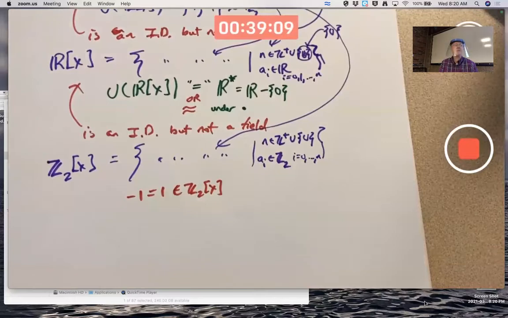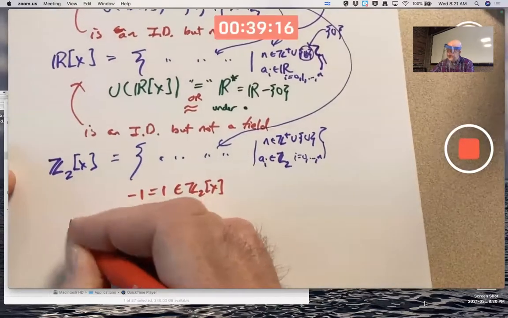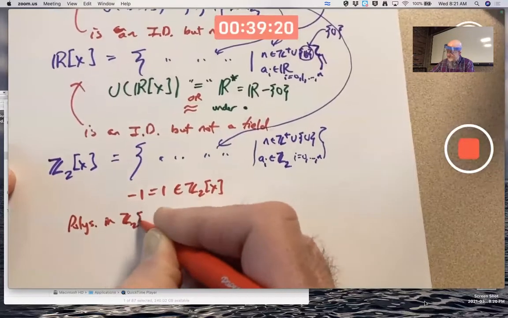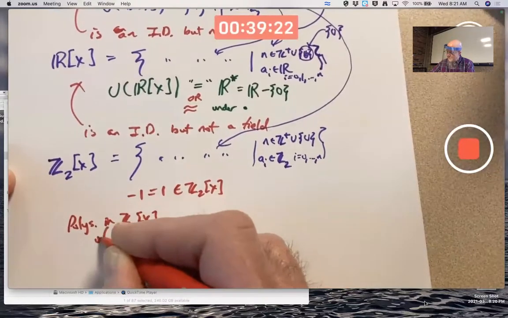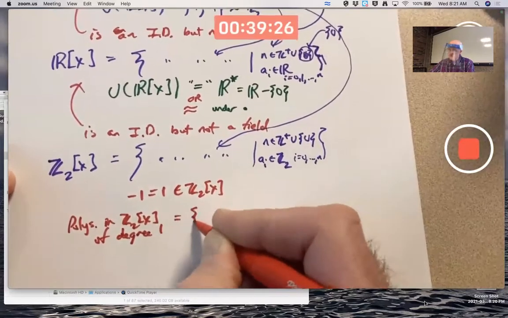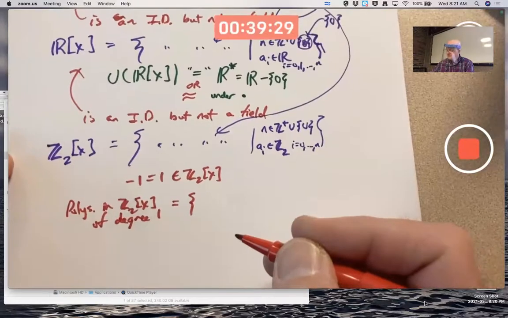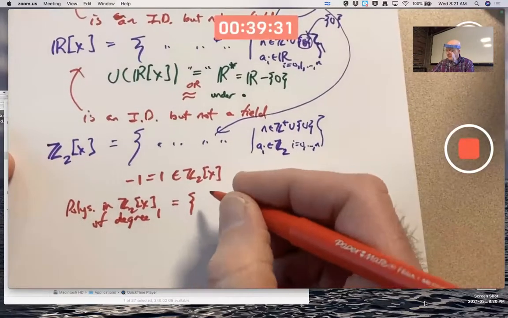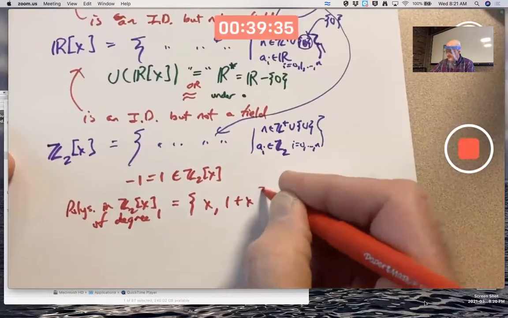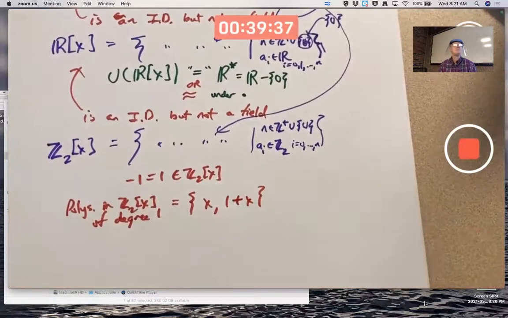What are the polynomials of degree 1? Polynomials in Z2[x] of degree 1 and not 0 are going to be x and 1 plus x. Just 2 of them.